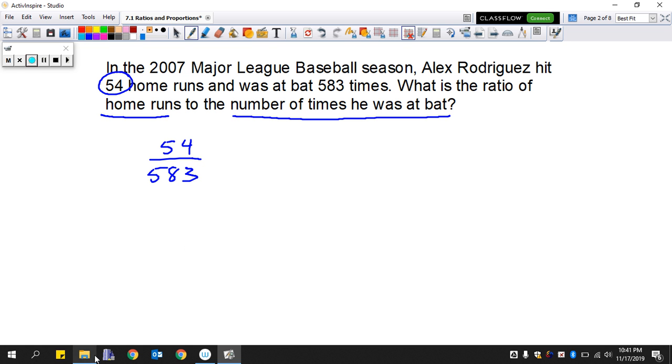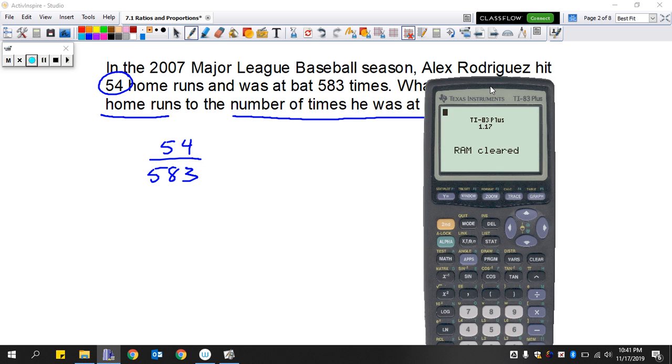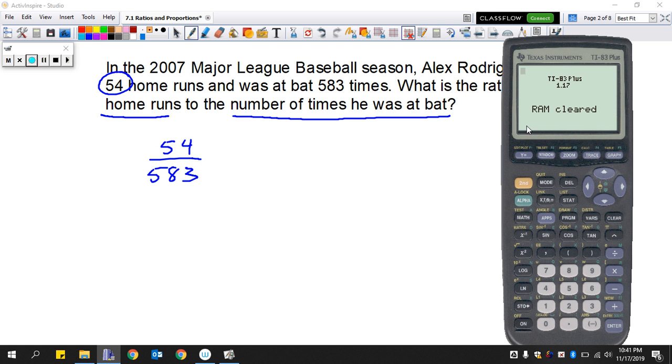We can check to see if that is in lowest terms. Using our calculator, we go 54 divided by 583, then hit math, enter, and that indeed is in lowest terms.